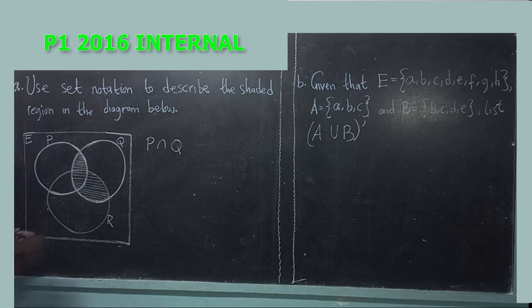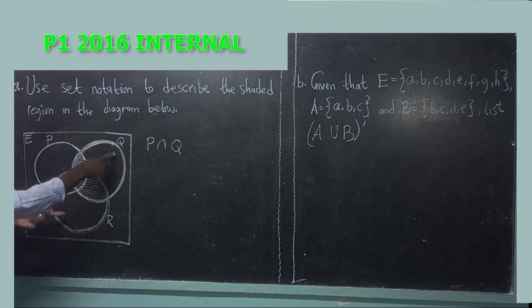And if we look at where Q is, that's set Q, and we look at our set R, we see that between Q and R there is an intersection there again.